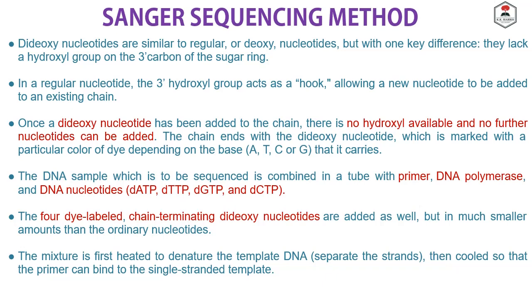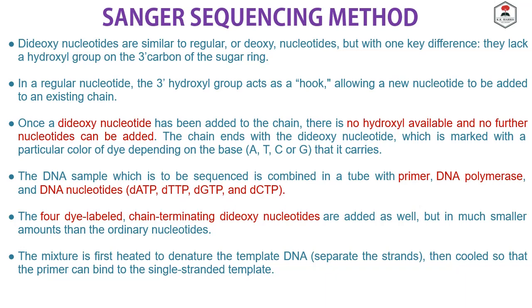Once a dideoxynucleotide has been added to the chain, there is no hydroxyl available and no further nucleotides can be added. The chain ends with the dideoxynucleotide, which is marked with a particular color of dye depending on the base, A, T, C or G, that it carries.